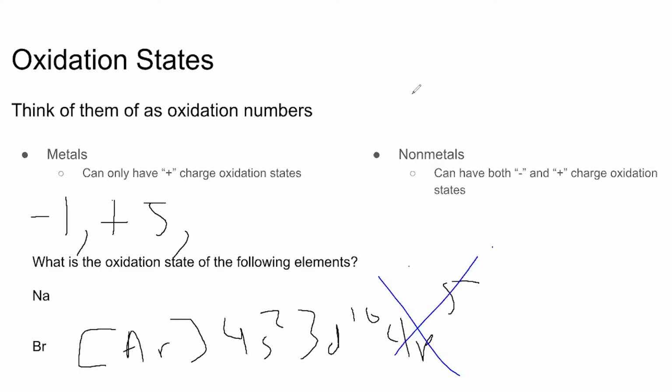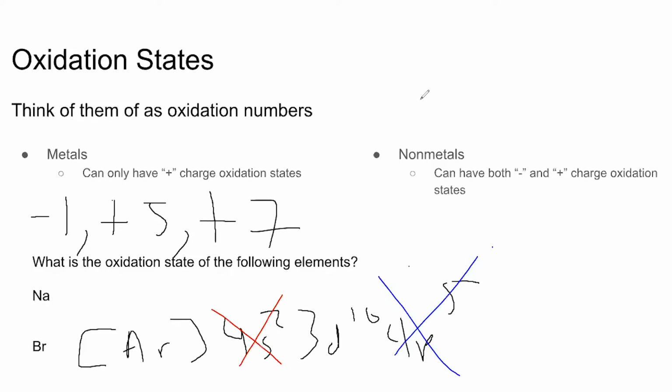If it goes even further, it can also lose the 2 electrons in the 4s2. Electrons will always be lost from the highest energy level, so you work your way back until all the electrons are gone.